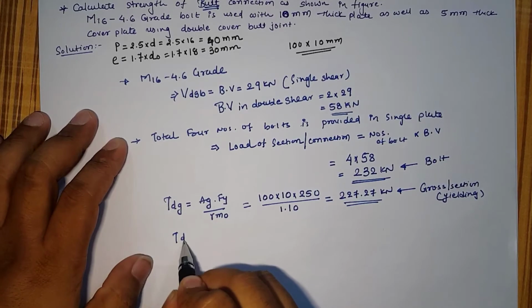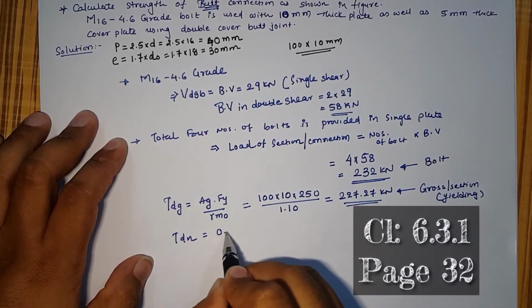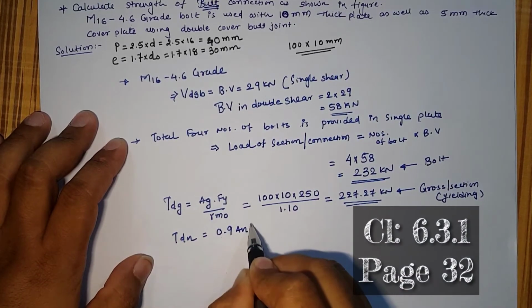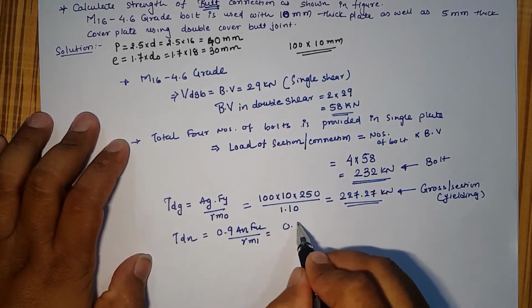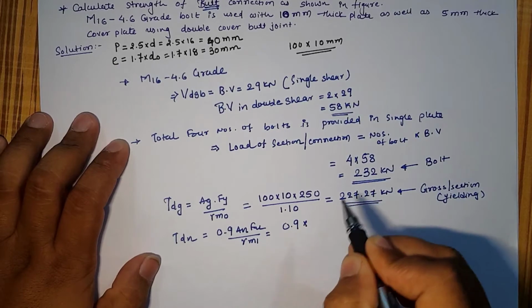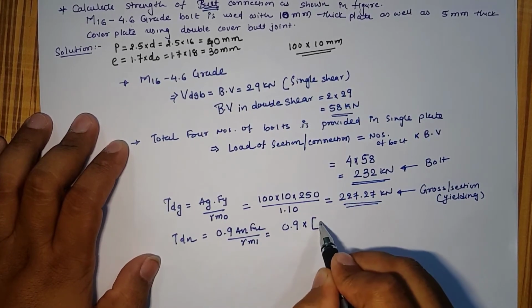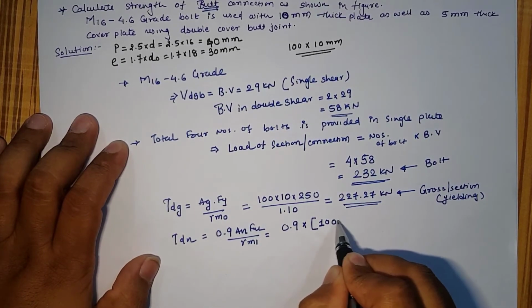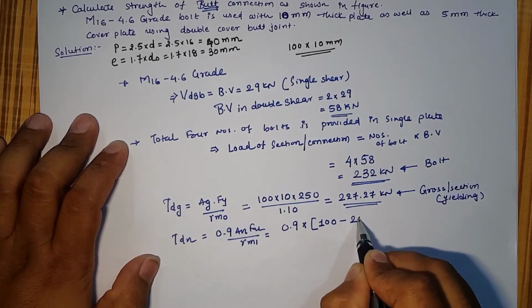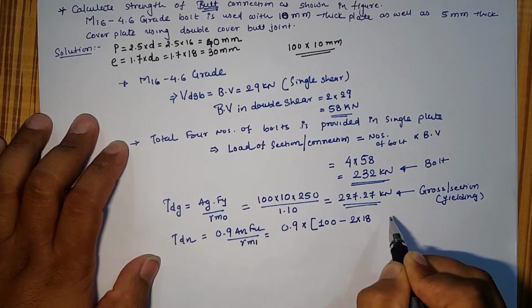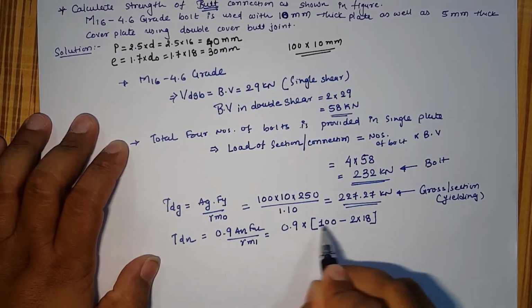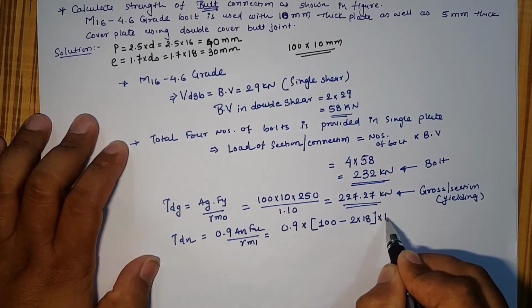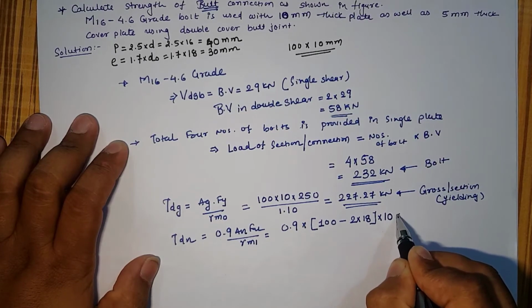The another part is Tdn, which is equal to 0.9 An Fu by gamma m1. In our case 0.9 is constant. For the value of An, total width is 100. Out of 100, two numbers of 16 mm bolt, it means that two numbers of 18 mm dia hole is removed from the width into thickness of the plate, which is equal to 10 mm.